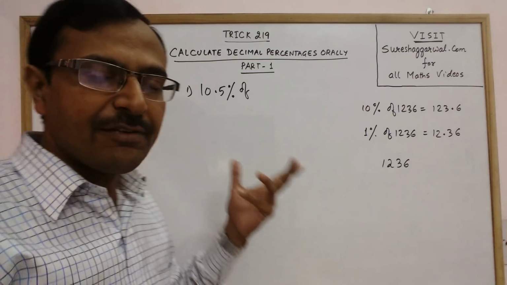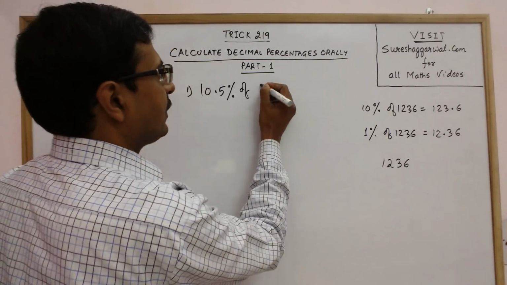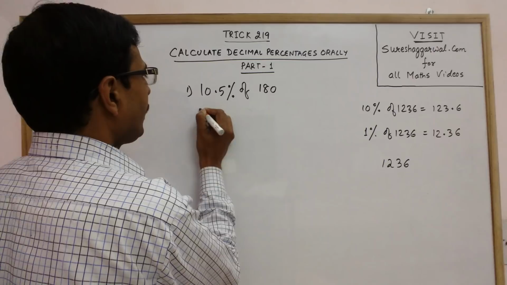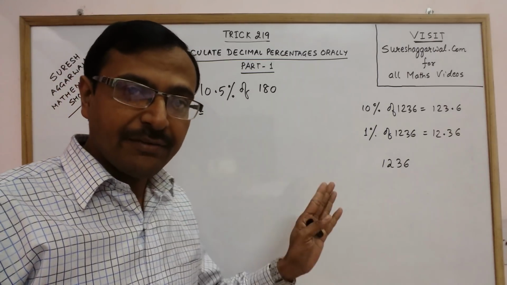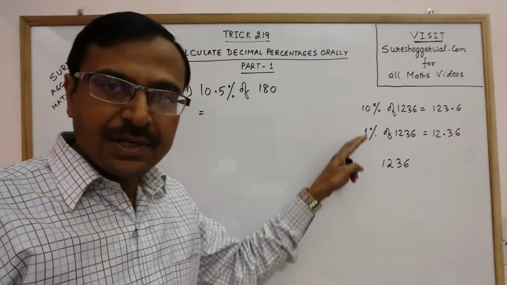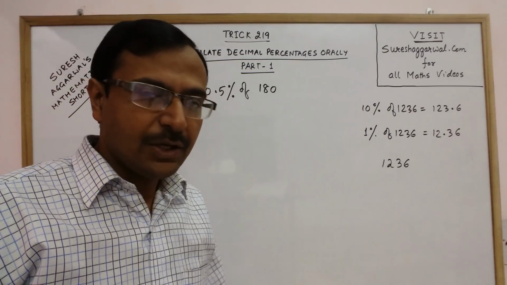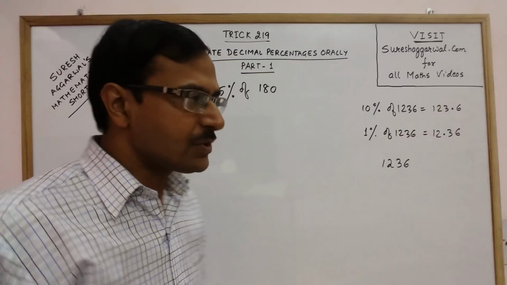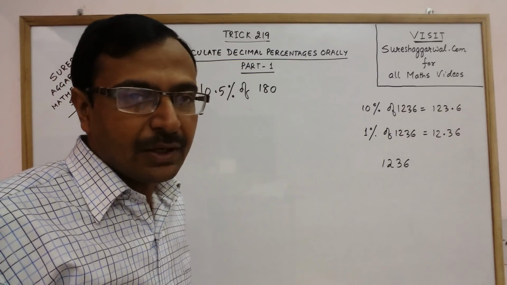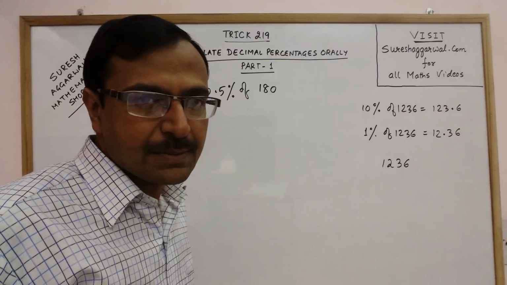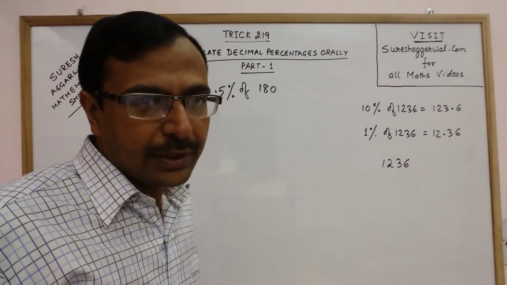So 10.5% of suppose 180. Now see, we need to just break this 10.5 in terms of 10% and 1%, and you will get the answer. I will demonstrate this using some steps, but in competitive exams you can get rid of the steps and the answer can come out directly.